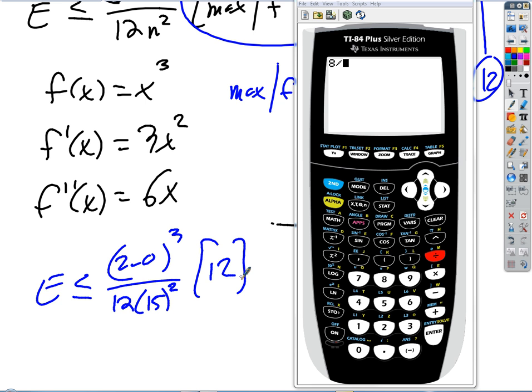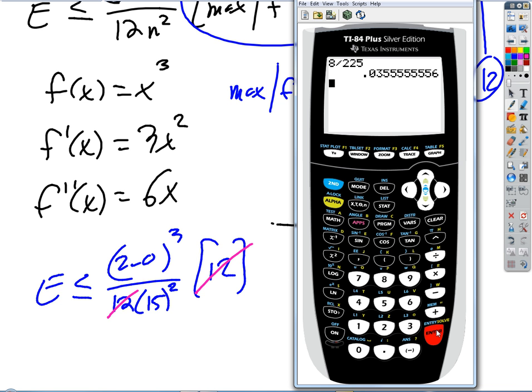Okay, now one thing we can do, look at this. The 12s, how about that? They just cancel. That's convenient. So I just get 2 cubed is 8 over 15 squared is, what, 225? Yeah. And so that's the maximum error that we're going to get.